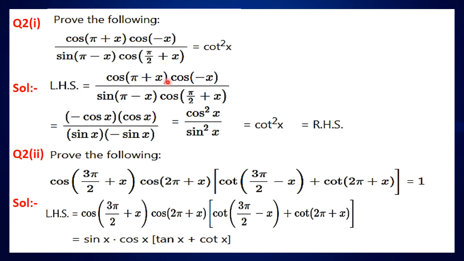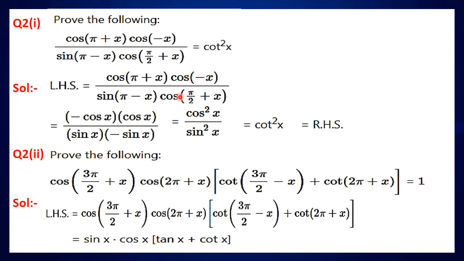Cos pi plus x, and you have to remember the shortcut I have already given. Here pi is an even multiple of pi by 2, so the same function will come, and it is in the third quadrant, where cos is negative. So minus cos x will come, and cos minus theta is cos theta itself.